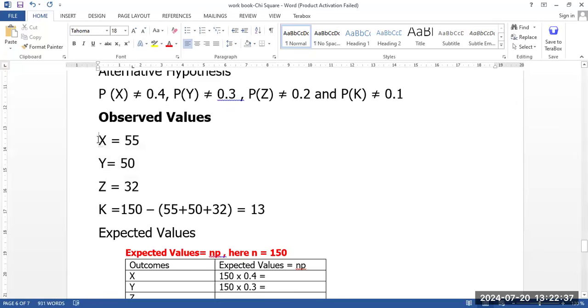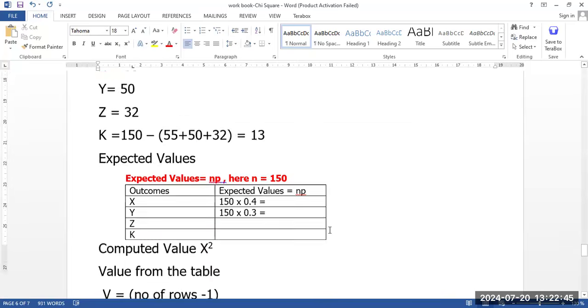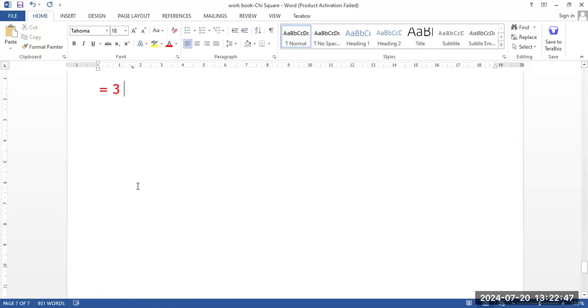If you indicate X, Y, Z, K in row form, like now one person could be having X, Y, Z, K, and find that you have figure here, you have figure here, you have figure here, you have also figure here.